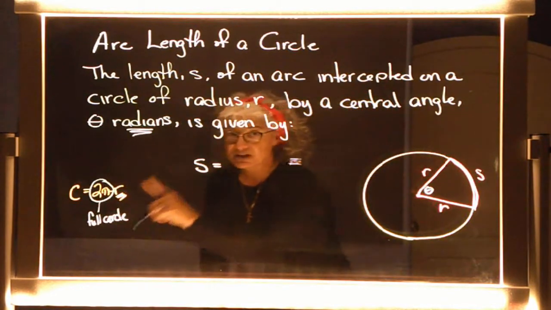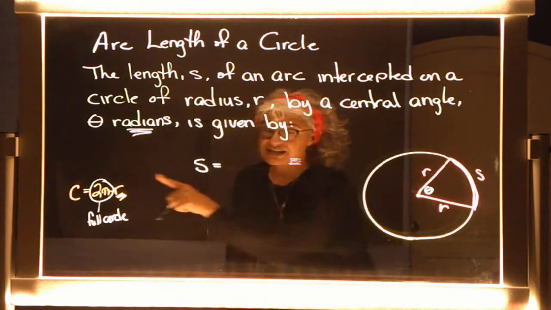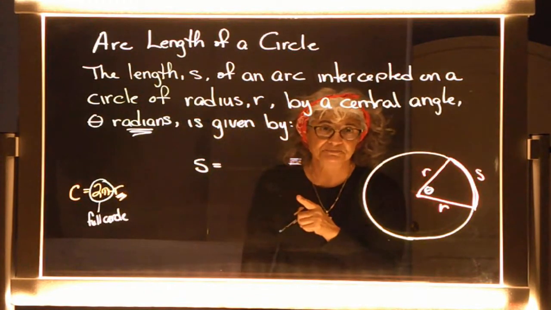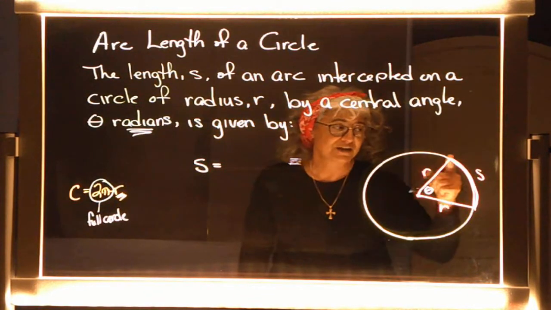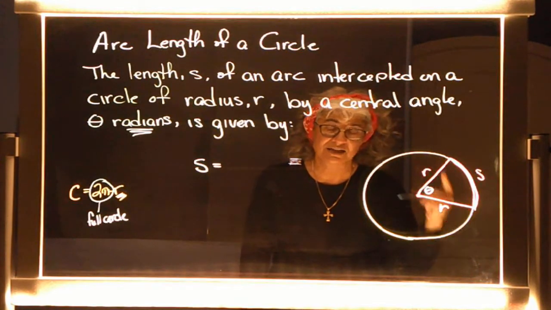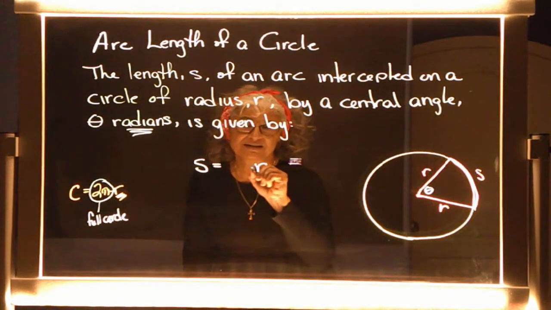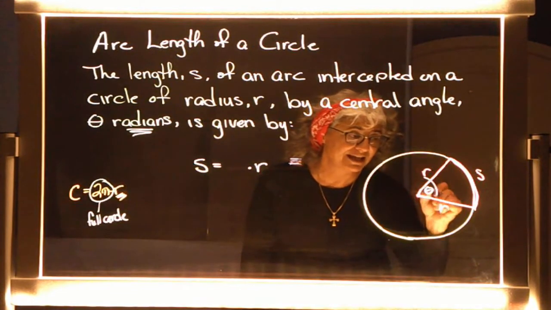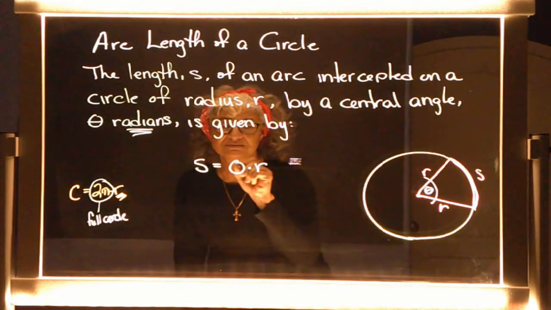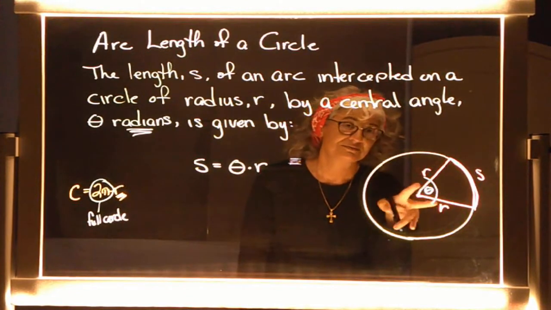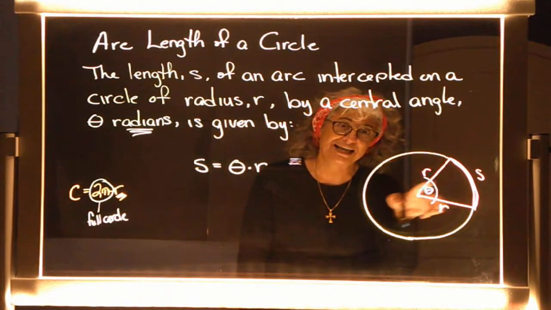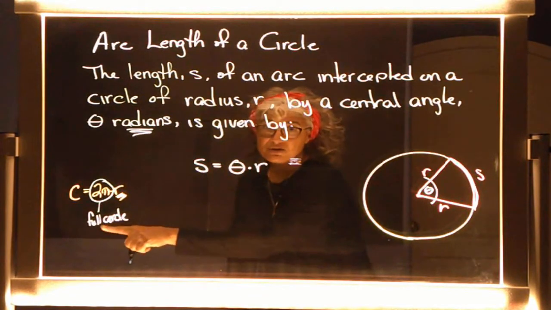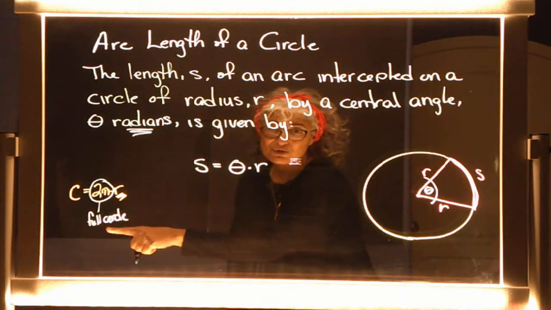So, the circumference of a circle is found by taking the radius and multiplying by the angle of the circle. To find the arc length, I'm going to take the radius and multiply it by the central angle, which is the same as we did over here, except over here my central angle was the entire circle.